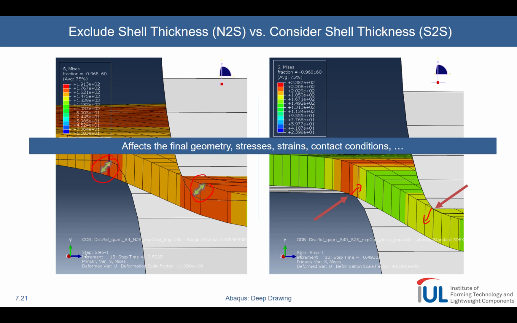And this is why usually I recommend to go with surface to surface, especially if you have round geometries, using discrete rigid bodies for your non-deformable parts. You should consider the shell thickness, because in reality, reality also considers the shell thickness. So that's a very important thing I wanted to talk about.